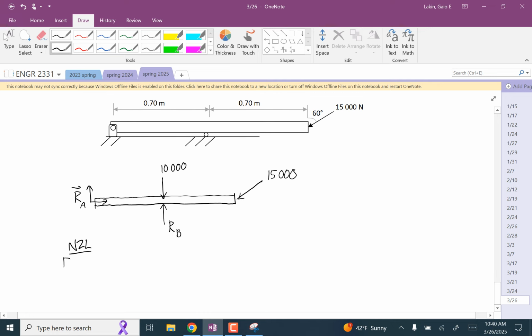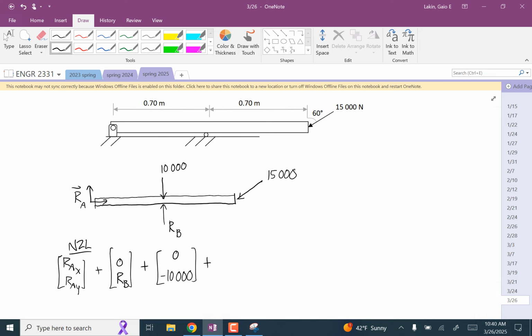So Newton's second law says RAX, RAY plus 0, RB plus 0, negative 10,000 plus, let's see, so that is 30 degrees.